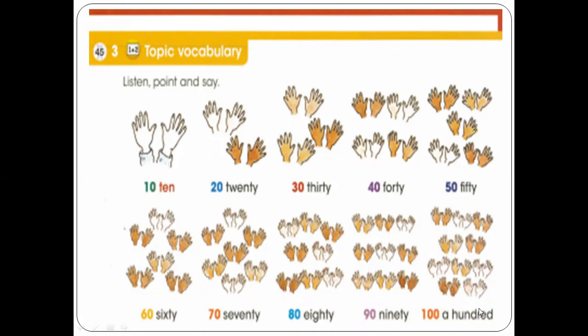Here we are counting in tens. We are just writing the numbers that are decades. In math, you have studied the decade numbers: 10, 20, 30, 40, 50, 60, 70, 80, 90, and 100.